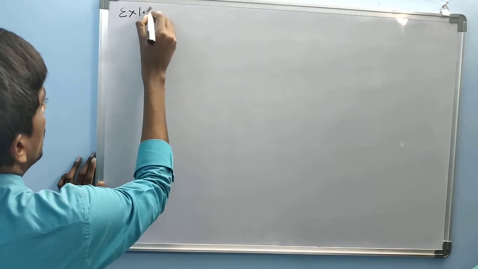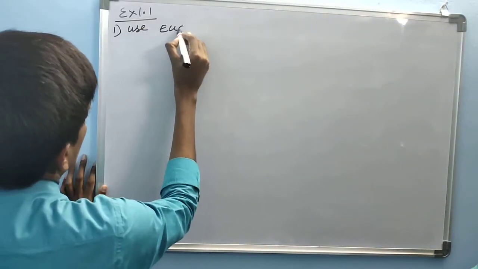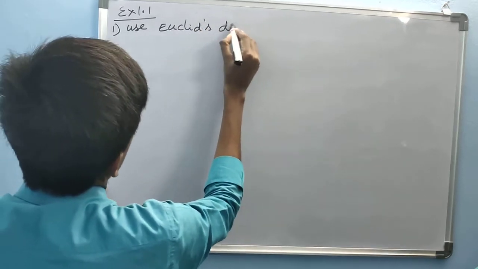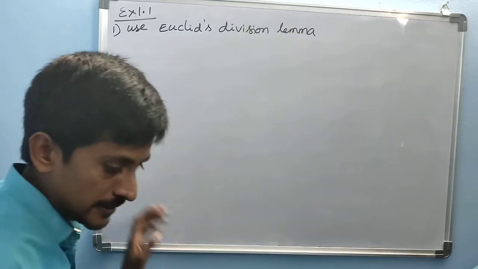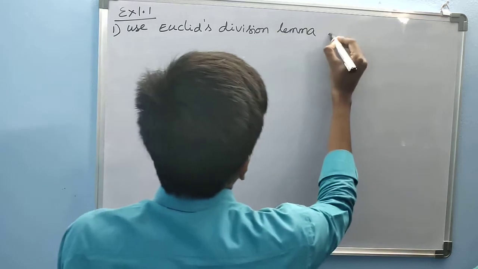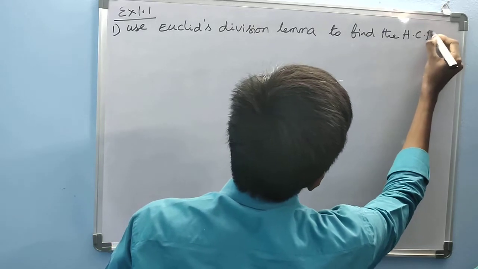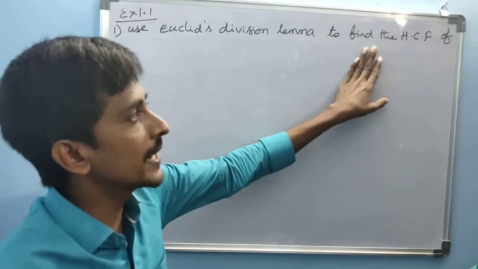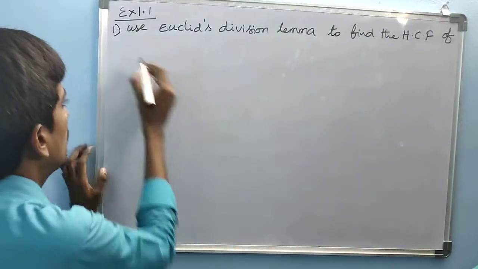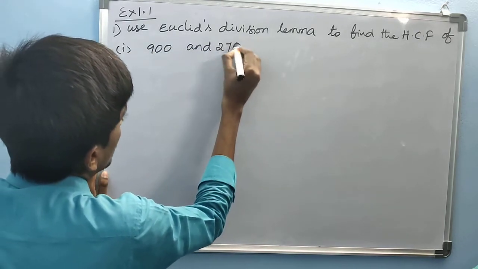Next, Exercise 1.1, first Roman. Use Euclid's division lemma, same method, to find the HCF of the first one: 900 and 270.